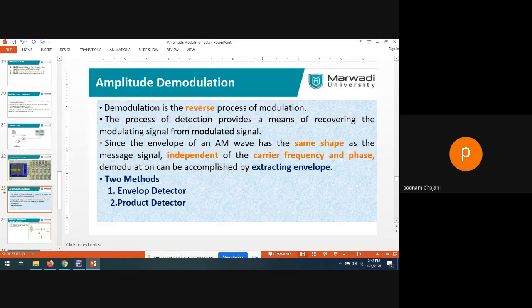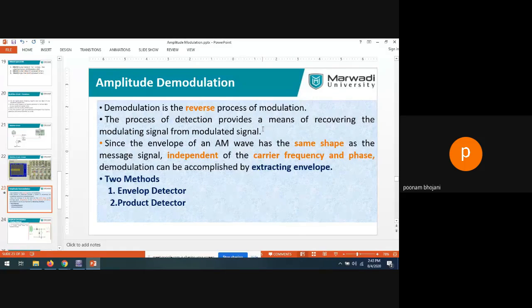Since the envelope of an AM wave has the same shape as the message signal, independent of the carrier frequency and phase, demodulation can be accomplished by extracting the envelope. That is one of the methods. So two methods are there to demodulate the signal: first is the envelope detector and second is the product detector.